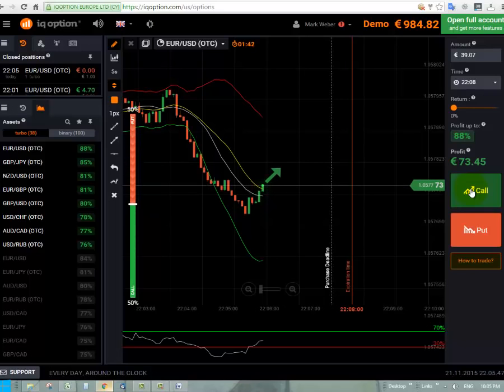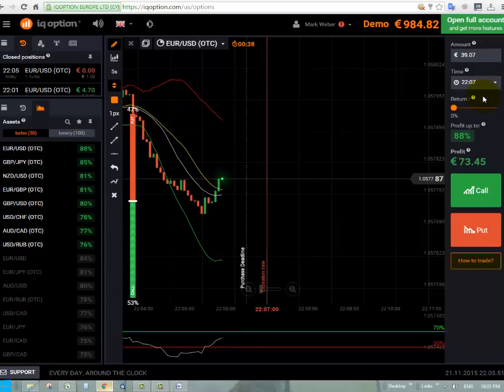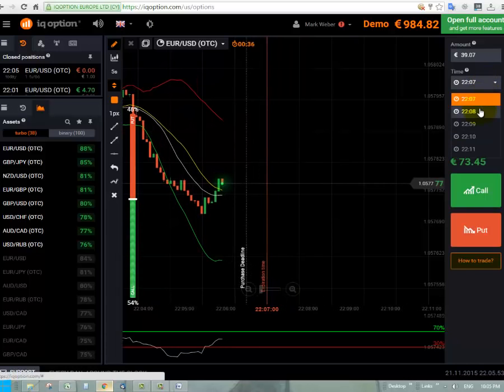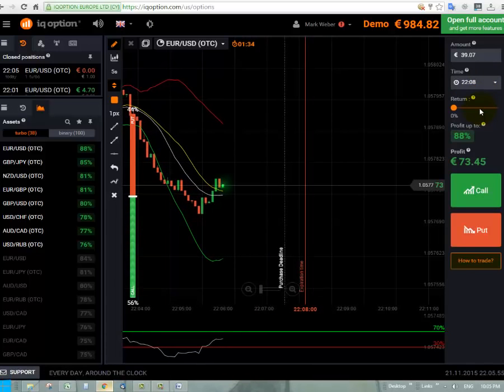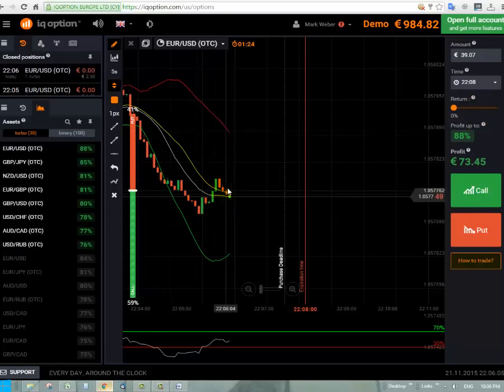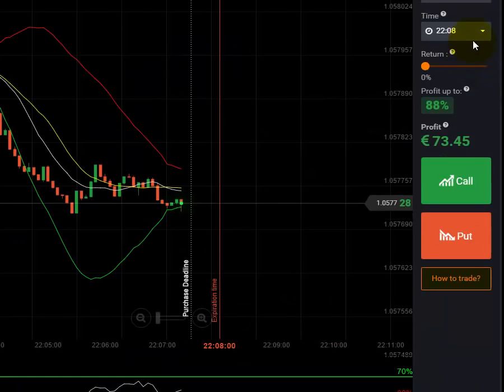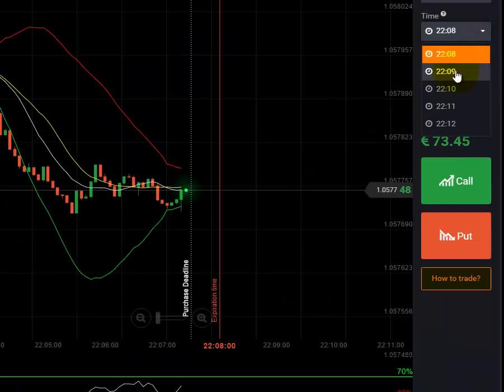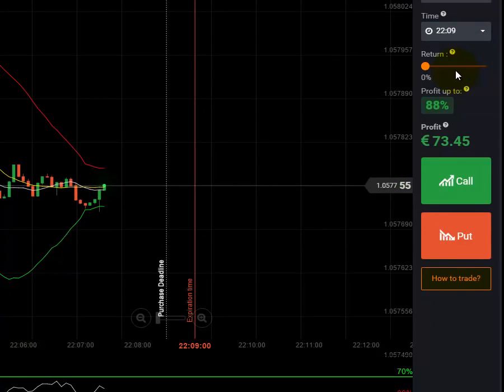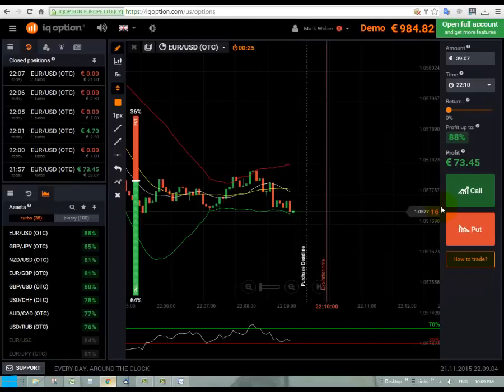Now, as you can see, probably we will win 2 positions, so our profits will be multiplied, but we will have to wait for the trend to stabilize. It seems that we will lose also this one, so we will change for the minute.